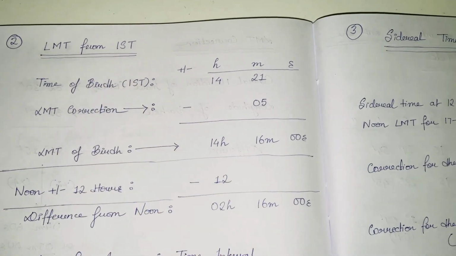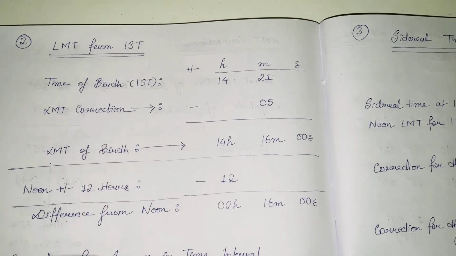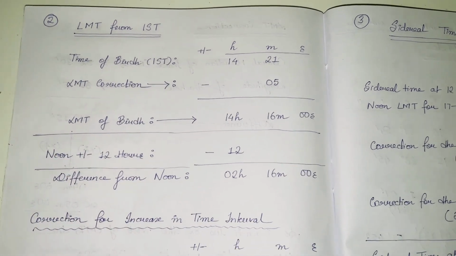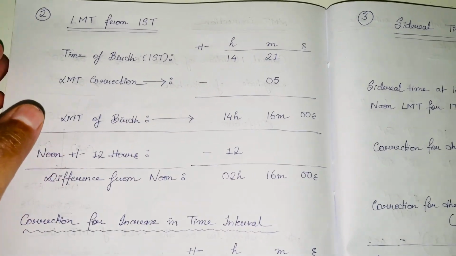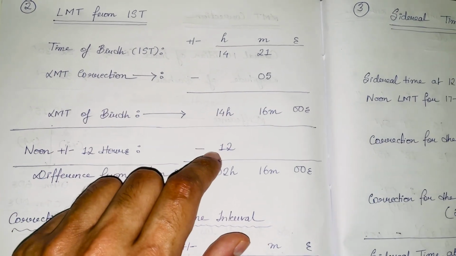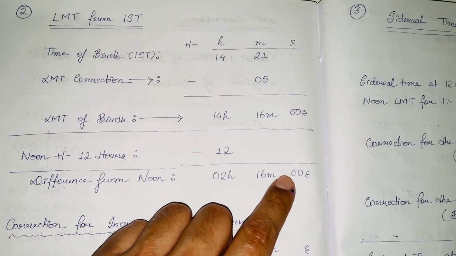I hope you brush up all of those steps, because I had discussed each and every one of those very important details in detail. But again, let's come back to today's topic. So the difference from noon, this minus 12 hours, will be 02 hour, 16 minute and 00 second.